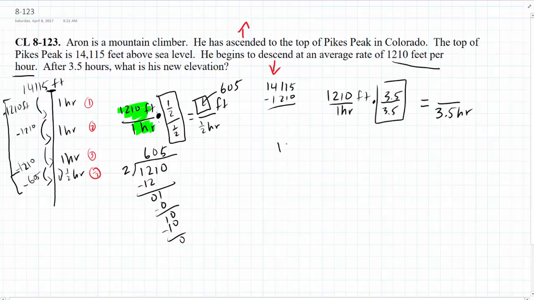So 1,210 feet times 3.5. 0 times 5 is 0, 1 times 5 is 5, 2 times 5 is 10, and then we have 6. 0 times 3 is 0, 1 times 3 is 3, 2 times 3 is 6, 1 times 3 is 3.